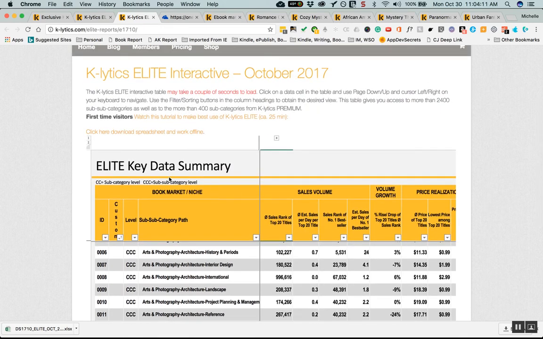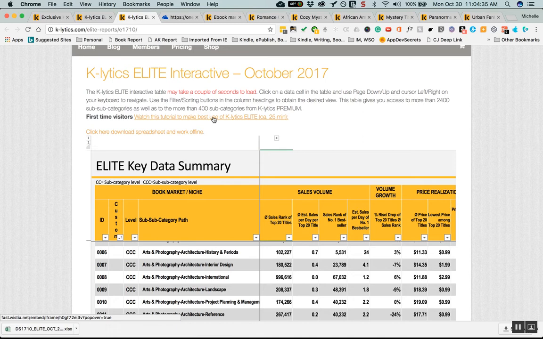And what you'd want to do is you can just go right here and you can download it and work offline. Now, there is a 25-minute walkthrough on how to use this data, and he's going to show you how to look for data if you already know what genre you want to write, if you want to figure out what genre to write in, or if you want to confirm that where you're thinking the attention is flowing is accurate.